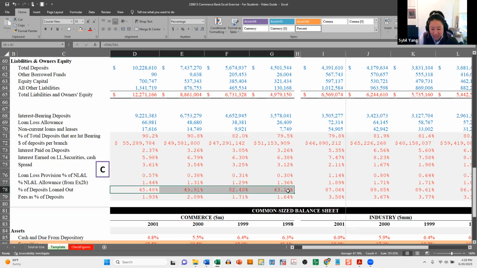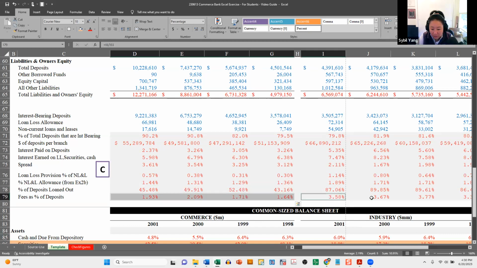The percentage of deposits that are actually loaned out is very, very low. So again, this is consistent with Commerce not taking depositors' money and then loaning it back out to industry. And then fees, you can see that the fees are much lower than those for industry.